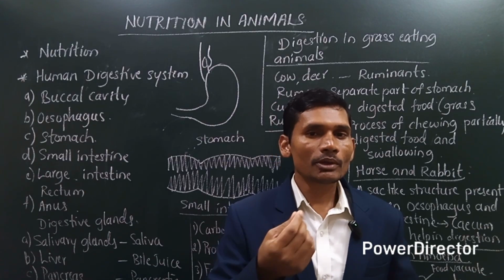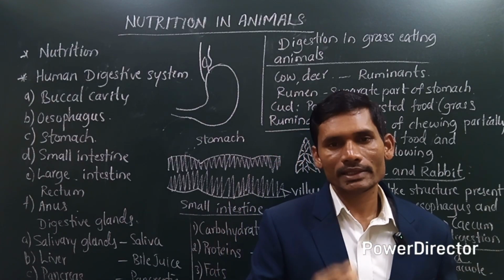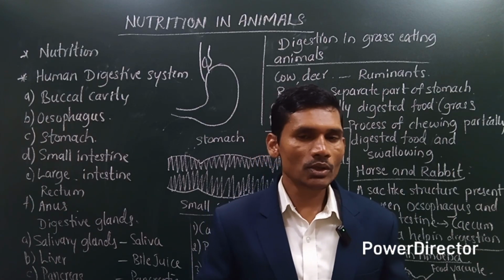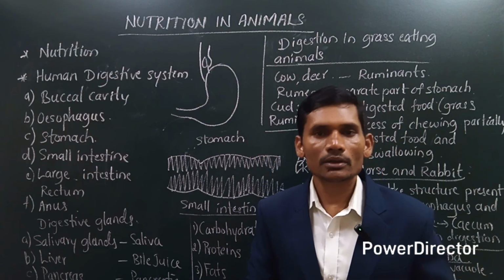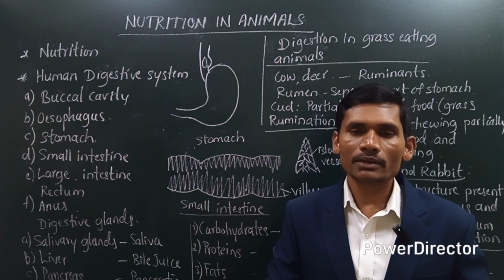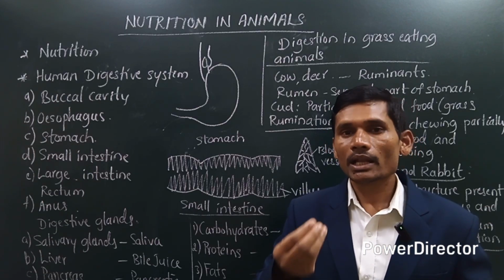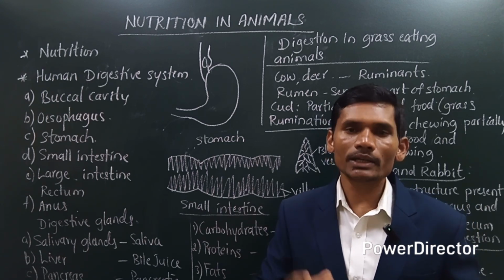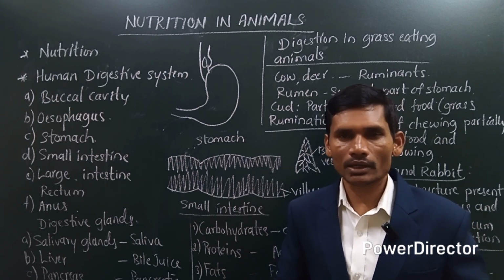Below the tongue there are glands called salivary glands. These salivary glands secrete a juice called saliva. When saliva mixes with the food, it helps in the digestion of carbohydrates in the mouth itself.